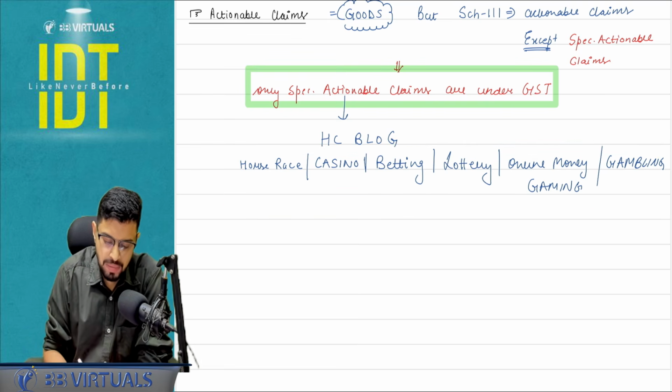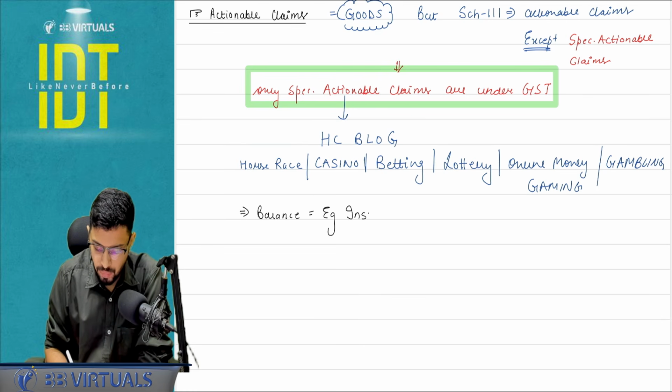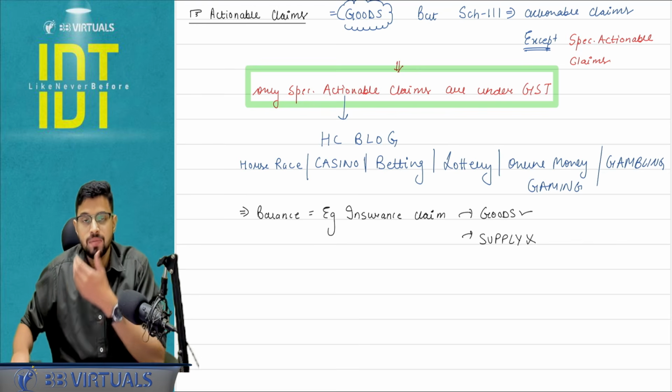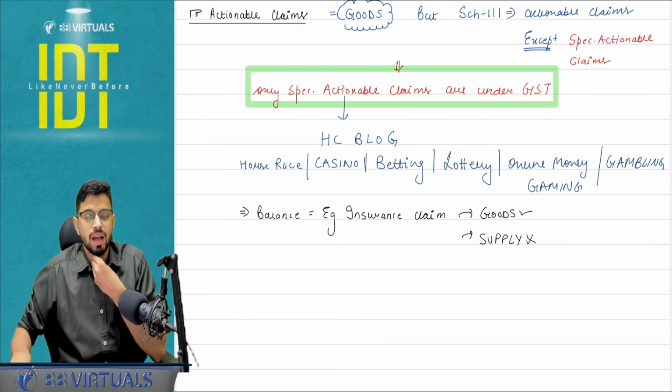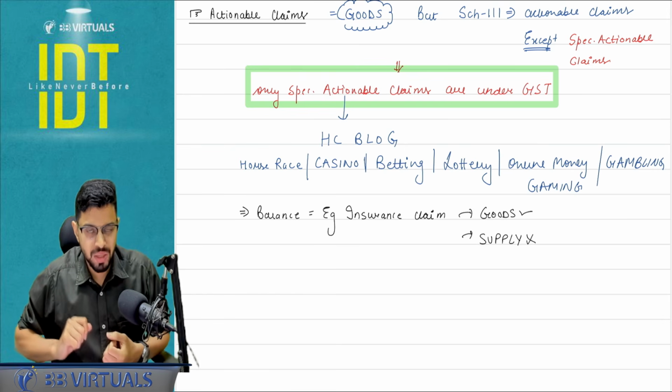Balance actionable claims. Example, insurance claim. Is a goods, but it is not a supply. See, a lot of times I have seen students don't have the clarity of route to the conclusion.